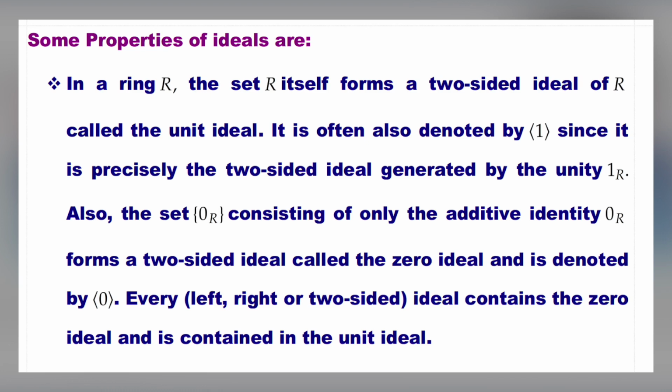Also, the set {0_R} consisting of only the additive identity 0_R forms the two-sided ideal called the zero ideal and is denoted by the ideal generated by 0. Every left, right or two-sided ideal contains the zero ideal and is contained in the unit ideal.